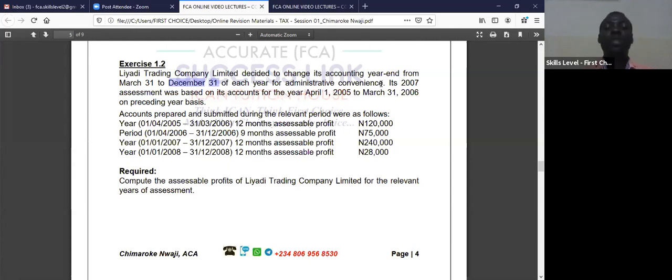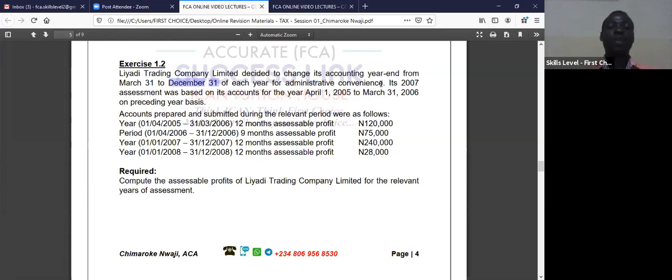What could be some of the reasons why they want to change the accounting date? Perhaps they became a subsidiary under a parent, and because the parent was December 31st, they have to do consolidation, so they have to change from March 31st to December 31st.